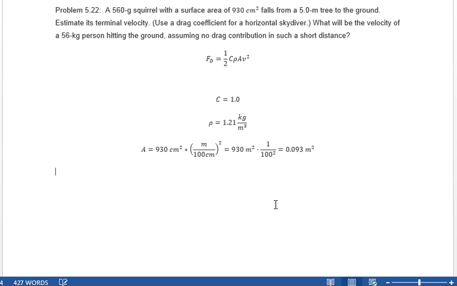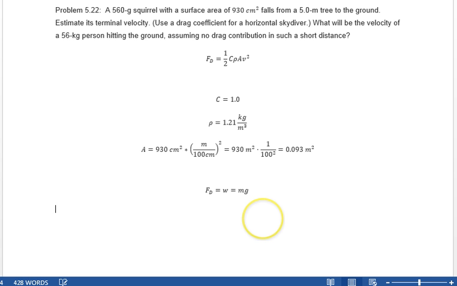Now, this is a 0.56 kilogram squirrel, right? So we've reached terminal velocity when your drag force equals your weight, mg. So we're looking for all of this up here, 1/2 c rho a v squared, to equal mg. All right, so what is mg?